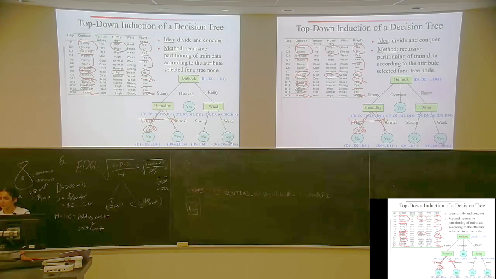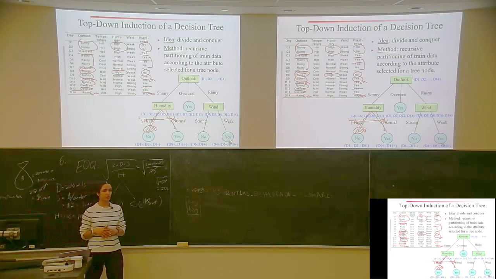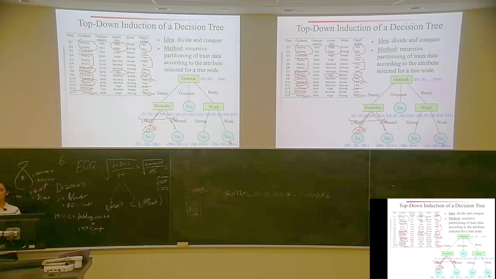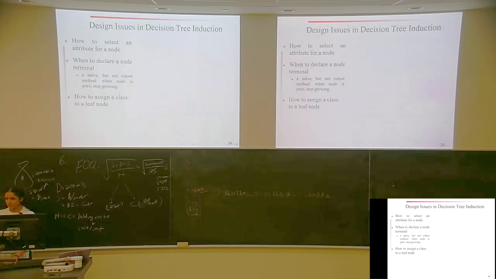And because they all belong to the same class, when outlook is rainy and wind is strong, the prediction is always no. It is don't go to play tennis, right? Because it's windy. But if it's rainy but the wind is weak, they belong to class yes. So the prediction is that, okay, let's go play tennis. And so this is the whole process, right?